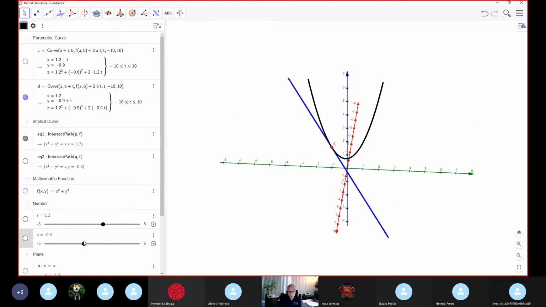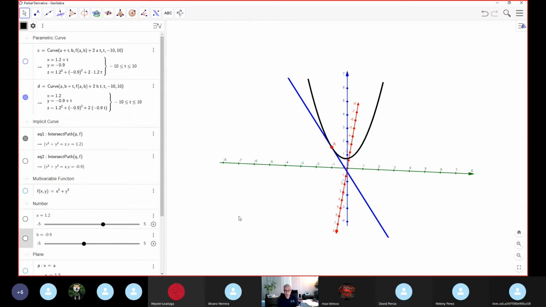So the derivative represents the slope of the tangent line, but in this case, in the y direction, no? Because I assume the plane x equal a constant.